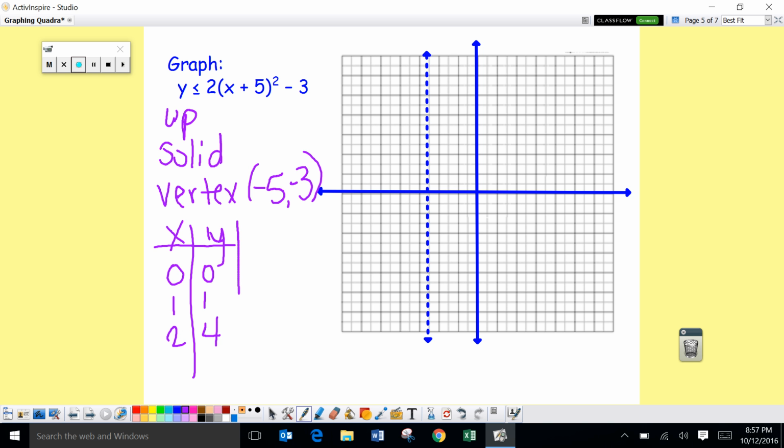But this time we do need a third column because our leading coefficient is 2. We're going to multiply everything by 2, and don't forget to cross off the middle column since we have created a third column and circled the 0, 0. That's where our vertex will be. So our first point that we'll put on the parabola is at -5, -3.